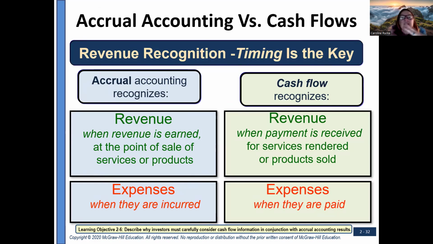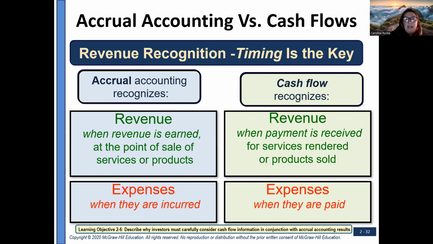So just giving you that example of accrual accounting versus cash flows. Remember when we were talking about the different financial statements, we said the statement of cash flows only recognizes when cash changes hands. When we have cash basis accounting, we recognize our revenue when the cash is received, and we recognize our expenses when they're paid.